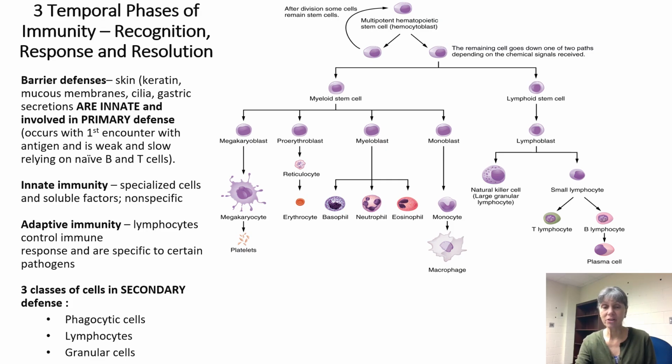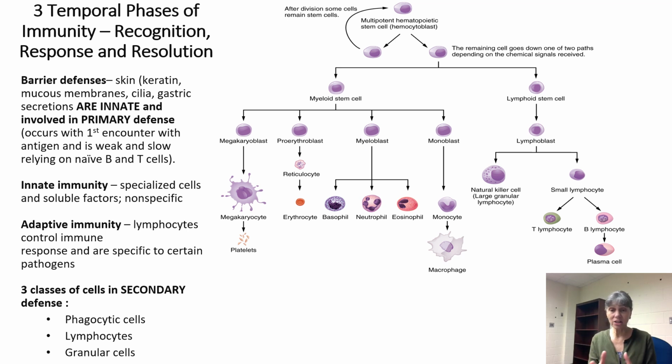We get erythrocytes, and then certain white blood cells known as leukocytes, including granular cells, the basophils, neutrophils, eosinophils, and also agranular cells, which are monocytes and lymphocytes. Monocytes turn into macrophages, which are big eaters, and then the lymphoid stem cells will differentiate into lymphoblasts, and from there we see natural killer cells, T lymphocytes, and B lymphocytes. B lymphocytes can differentiate into plasma cells.